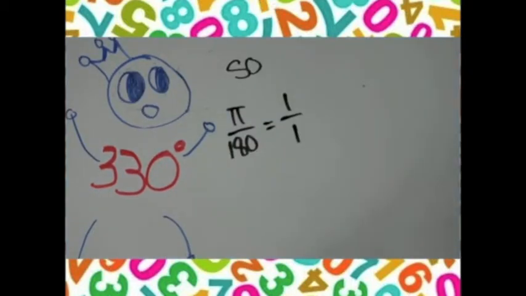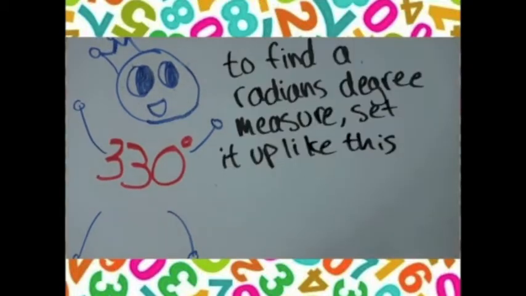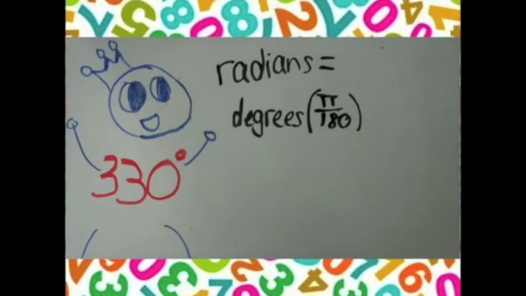So, pi over 180 is equivalent to 1 over 1. To find a radians degree measure, this is how you set it up. Radians equals degrees times pi over 180.